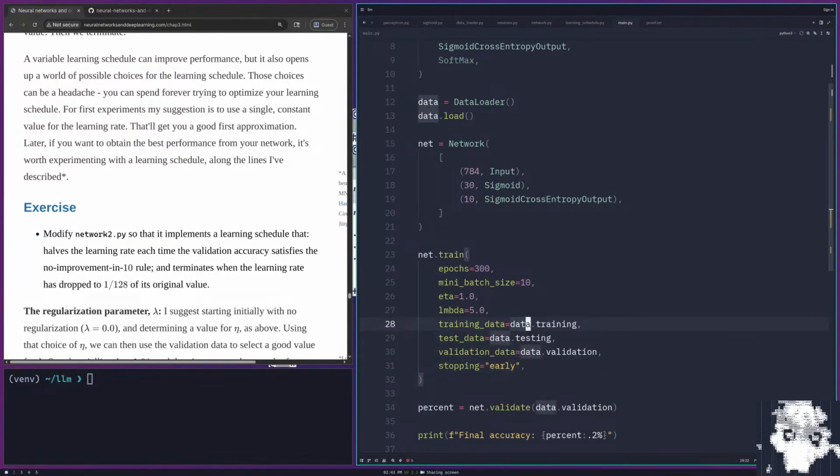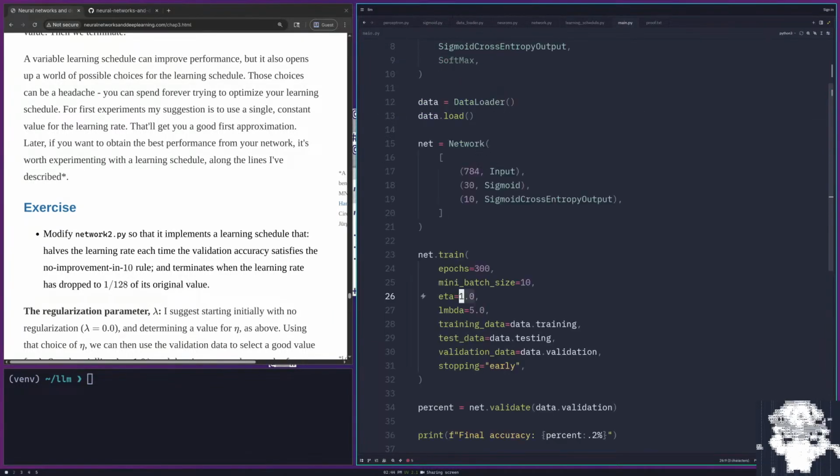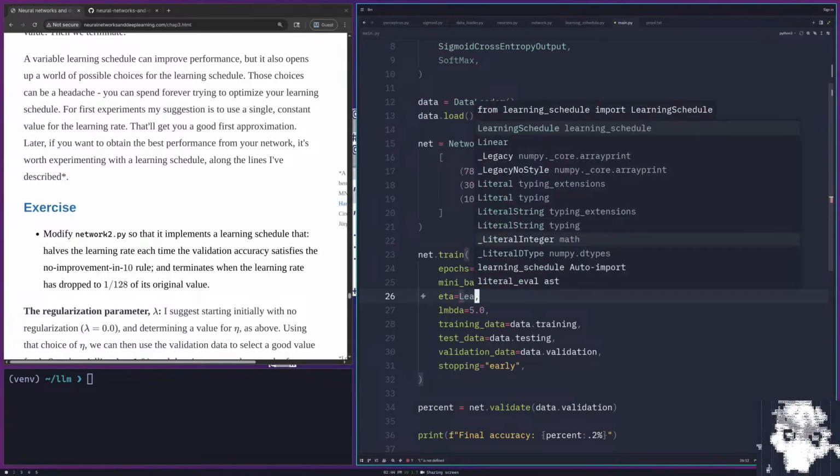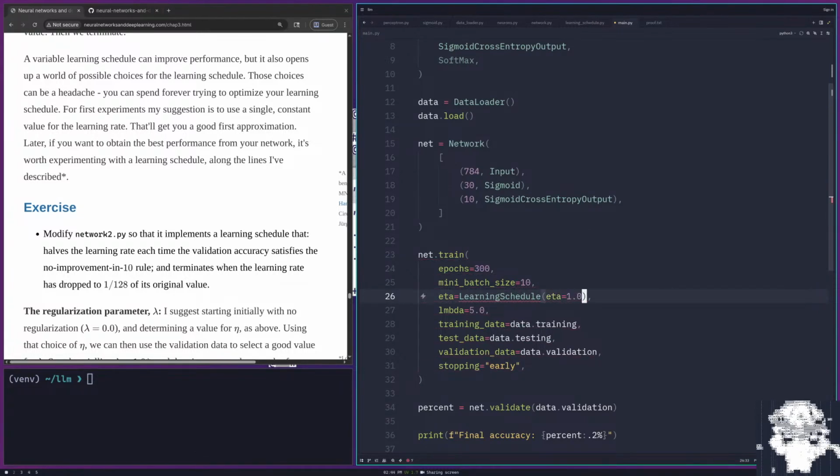So then instead of eta, you would be allowed to pass in a learning schedule. What was my eta a second ago? 1.0.